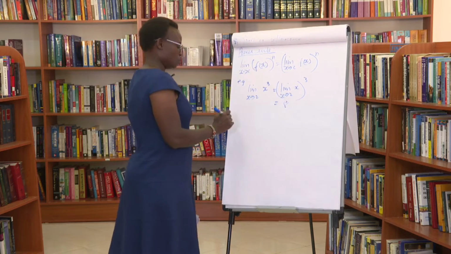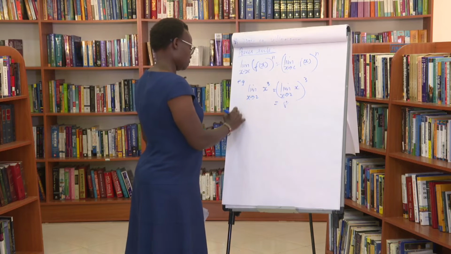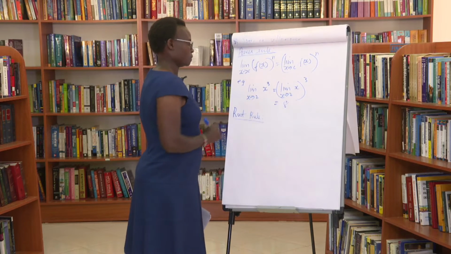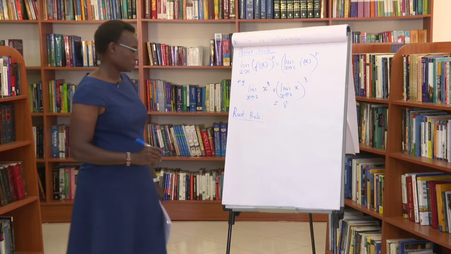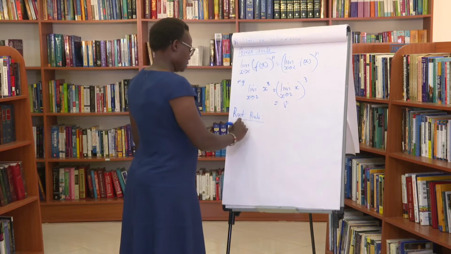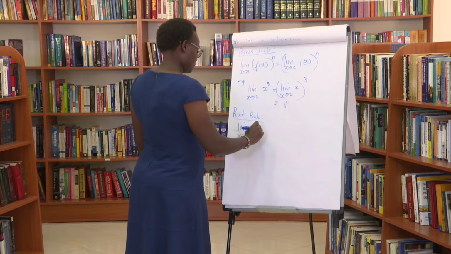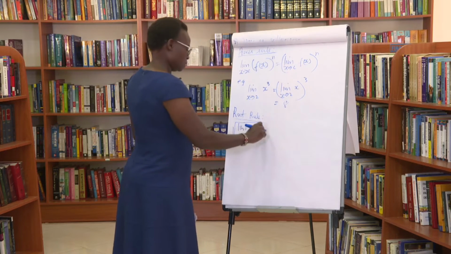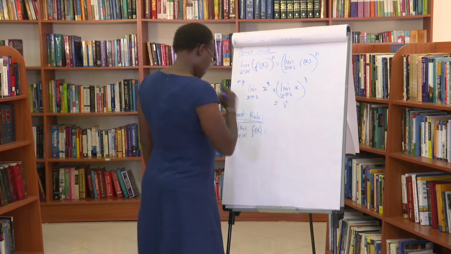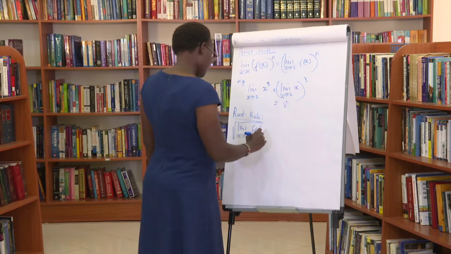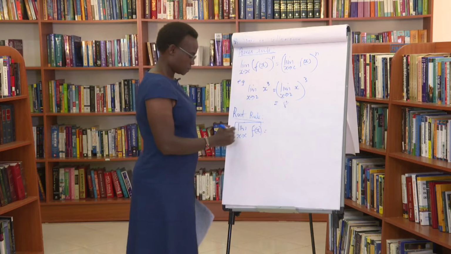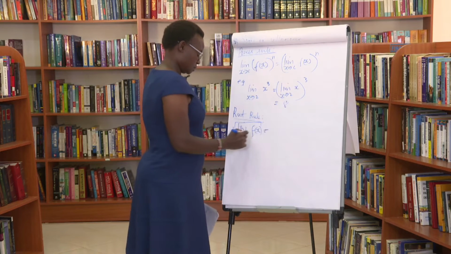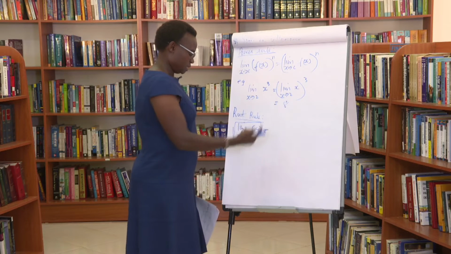And then after the power rule we have the root rule. So limit here, limit as x tends towards c of f of x. So where you're supposed to get the root. So this is the same as getting, so this should be the other way around.